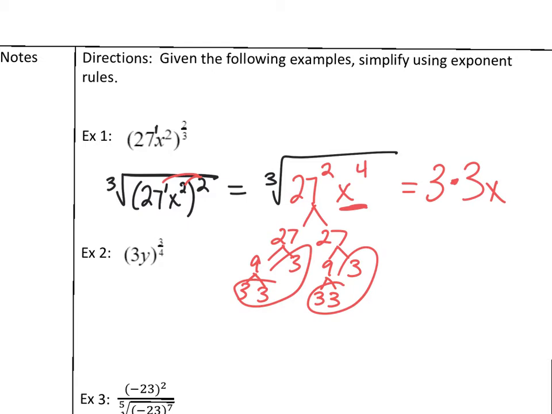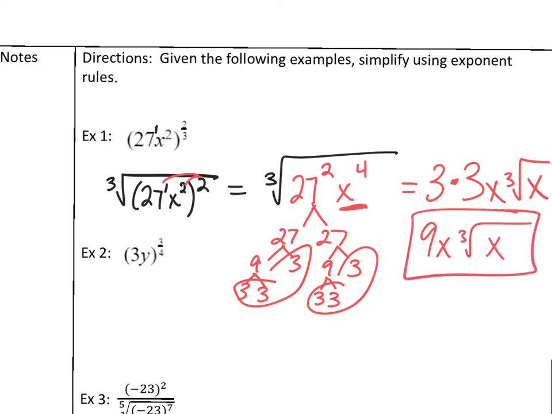So what do I need to do with that one? It goes underneath of my radical. Good. Can I make this a little bit more simple? Yes, by 3 times 3, which is 9. 9x cubed root of x is my answer.